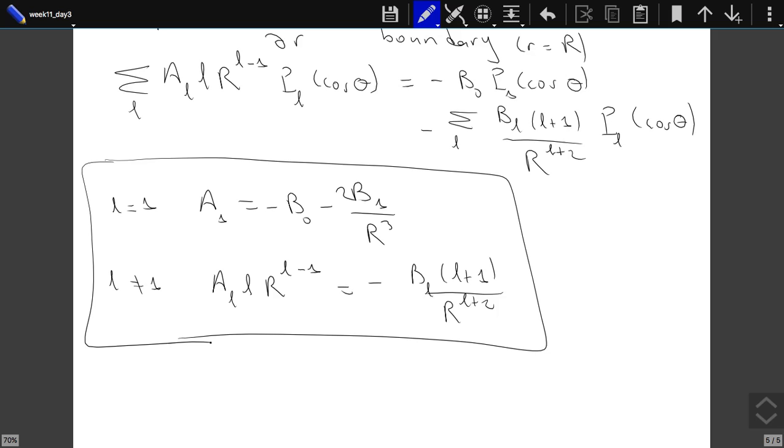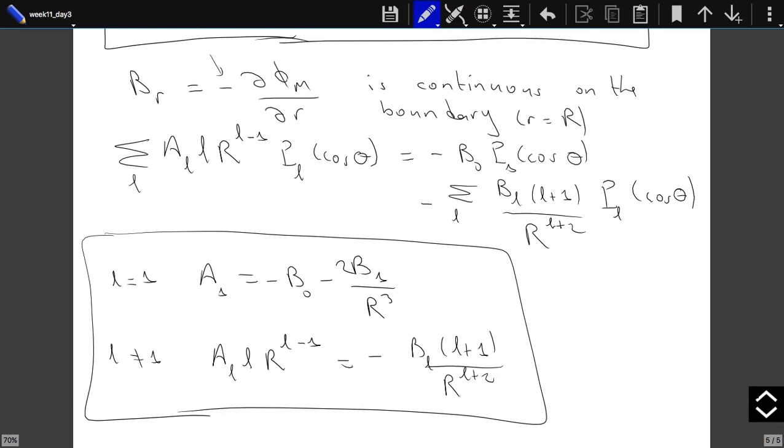But we also know that since there are no free currents in our system on the surface, the parallel component of the H field should also be continuous. And the second one. Well, you see, B0 is the coefficient of P1 only. So what I did was all the coefficients of all the P_L should be equal on both sides.